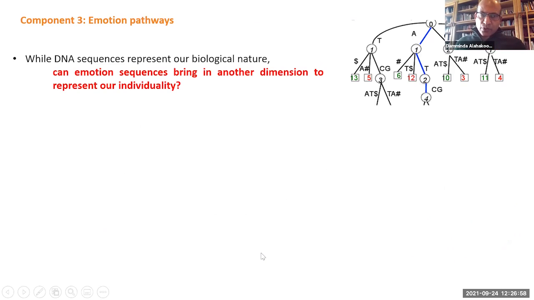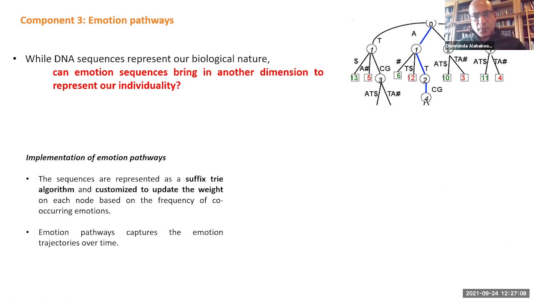So I looked at 2 out of the 4. I've talked about 2 different components: the intensity profiles, the transition diagrams, and this is a third where it's sequences or pathways of emotion. Now, an interesting point that comes out and we are investigating at the moment is that, okay, we are all familiar with the DNA sequences, but emotion sequences, if we can actually capture to a reasonable level of accuracy and reliability, can emotion sequences bring in another dimension to represent our individuality?